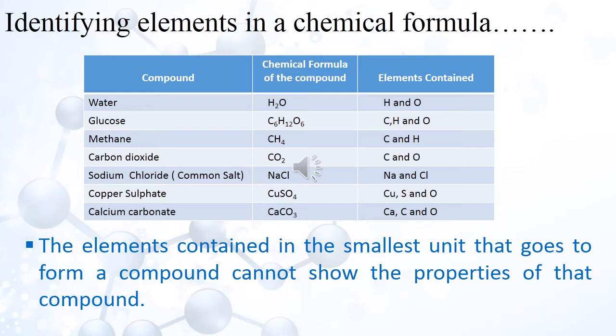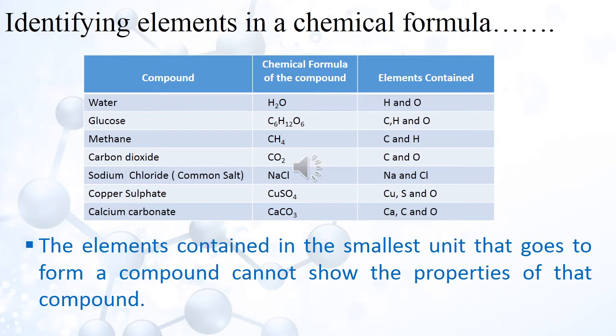You know, water molecule. When you say water molecule, can we identify the elements in that water? No. So in science, we use a chemical formula with the elements in the water molecule.